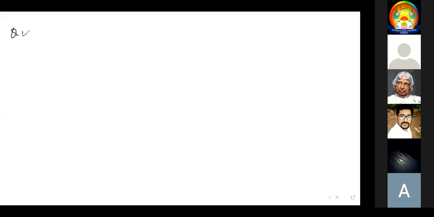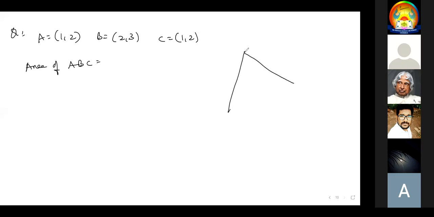And another question. Capital A is equal to (1,2), B is (2,3), and capital C equal to (1,2). I want the area of triangle ABC. You have to say capital A is equal to (1,2), (2,3), and, oh, same points I gave, (1,4) we suppose.